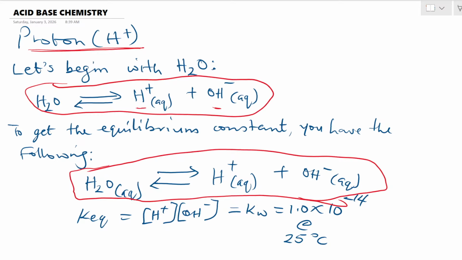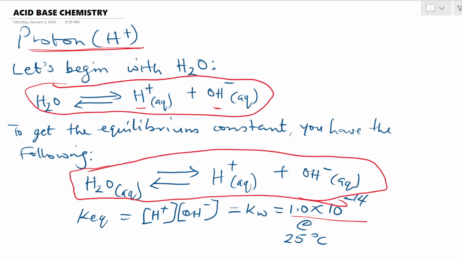So if for any reason the hydrogen ion concentration rises and the OH minus concentration drops, the product has to equal this equilibrium constant. Their product does not change, so at all times it will be 1.0 times 10 raised to the power minus 14.